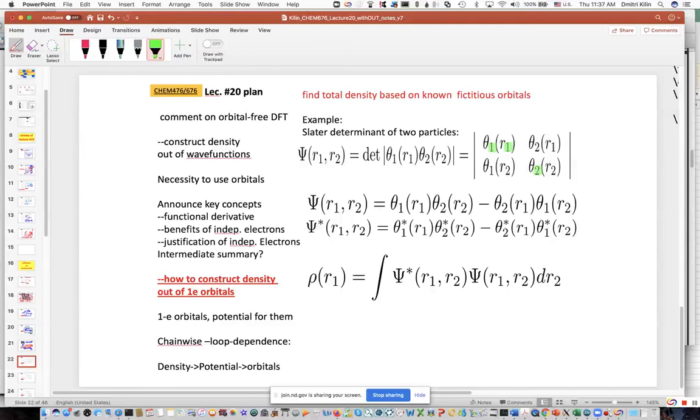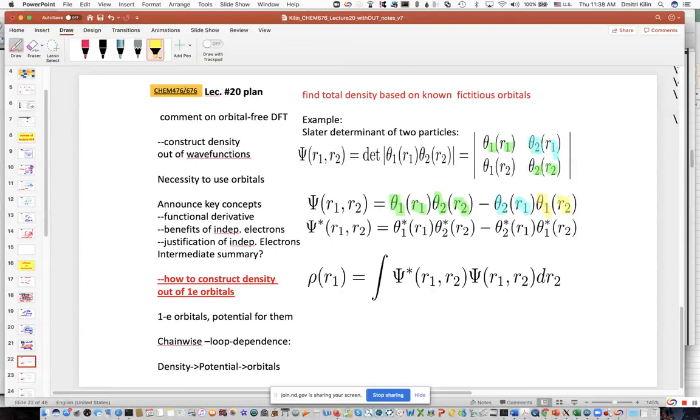So we take orbital number 1 with the first electron times orbital number 2 with the second electron, minus orbital number 2 with the first electron times orbital number 1 with the second electron.